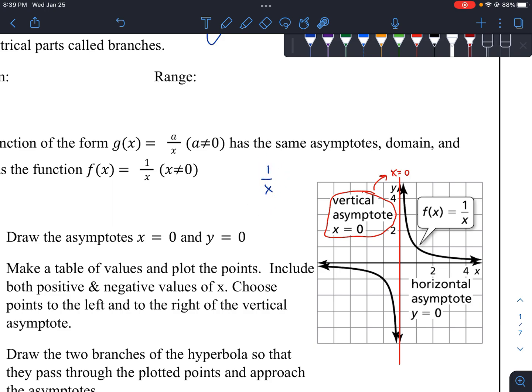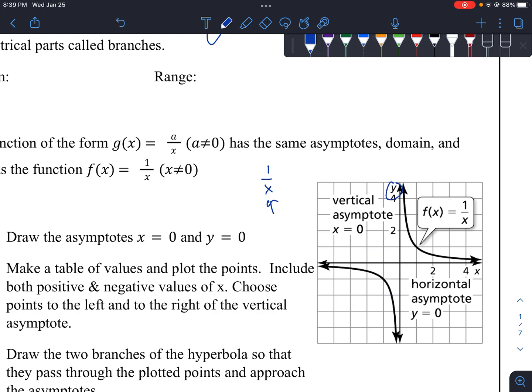You can't assign a number value to anything divided by 0. Anything divided by 0 is undefined.